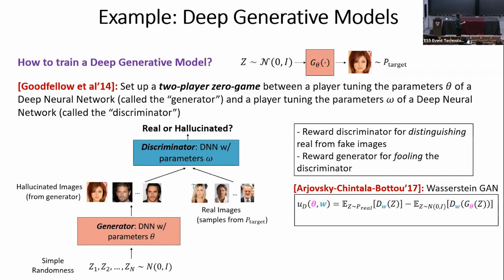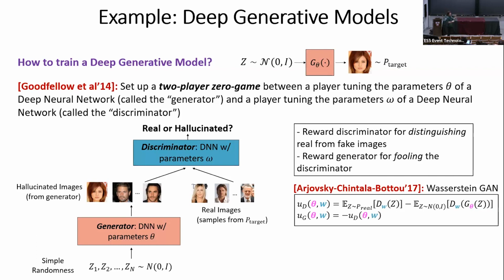What's a fake sample? You sample the Gaussian and you pass it through the generator, and that gives you some sample. So you want to compare the expected output of the discriminator for a real sample and a fake sample. Right? So the discriminator is rewarded, the utility is high, if it outputs high on real samples on average and low on fake samples on average.